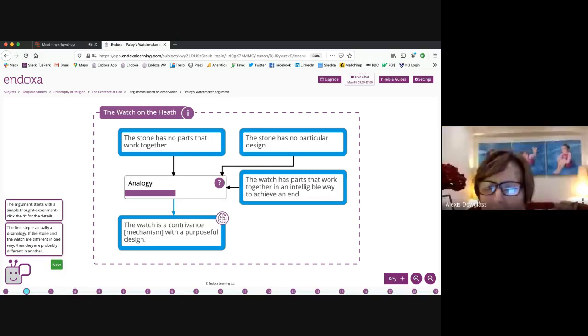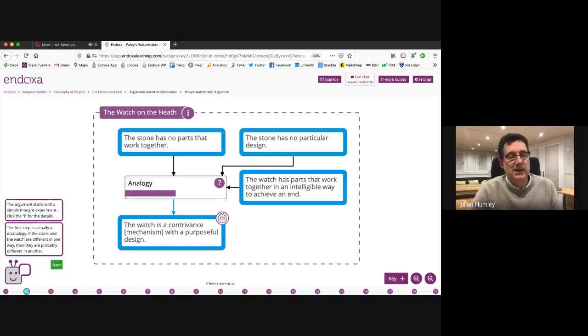So Julian, how right am I to say that Paley's talking about not just design, but very specifically design for a purpose? Yes, you do have to be a little bit careful because he's saying that the design has a purpose. It is a purposeful design.